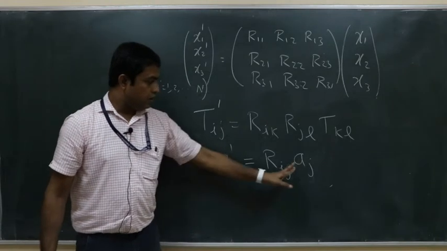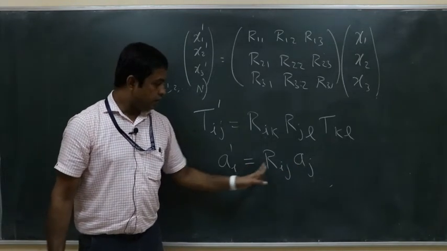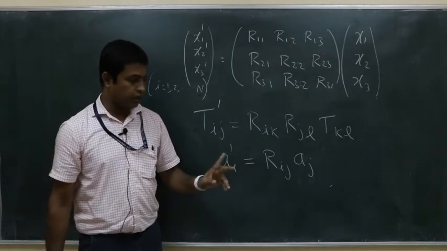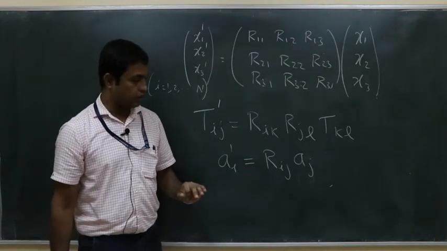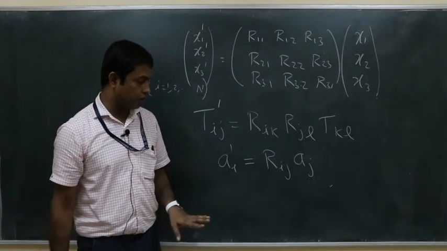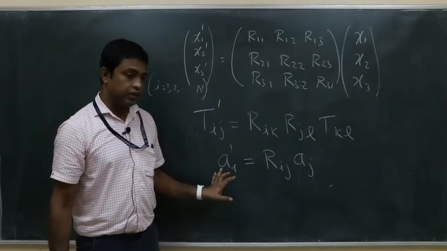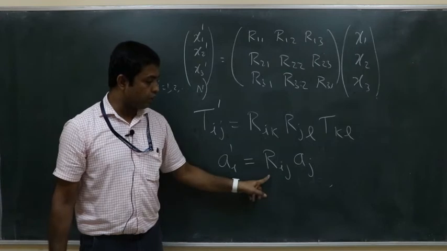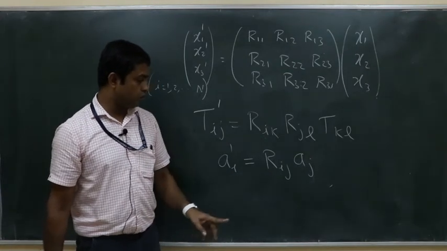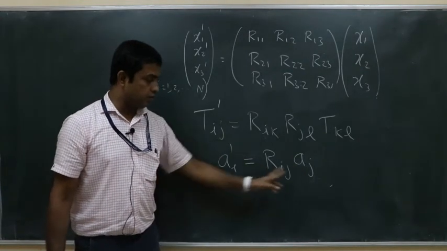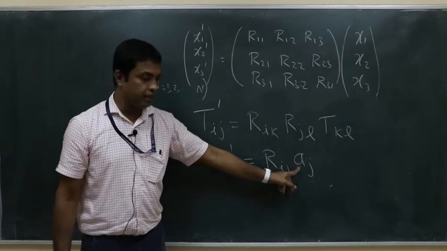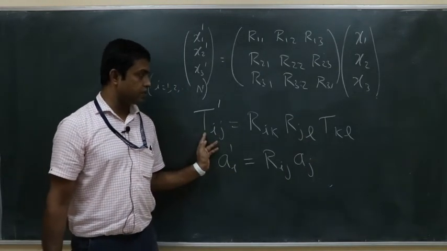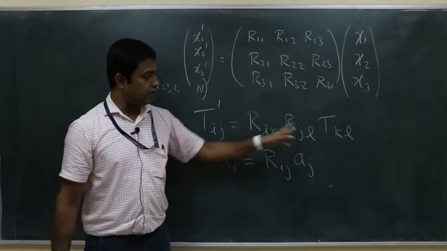So a vector A transforms like this, where R is the rotation matrix corresponding to that rotation, into whatever dimension you are talking about. This is the way a vector transforms, exactly the same way the coordinates transform. If any quantity transforms like this, we say that is a vector. If any quantity transforms like this, then we say that is a tensor.